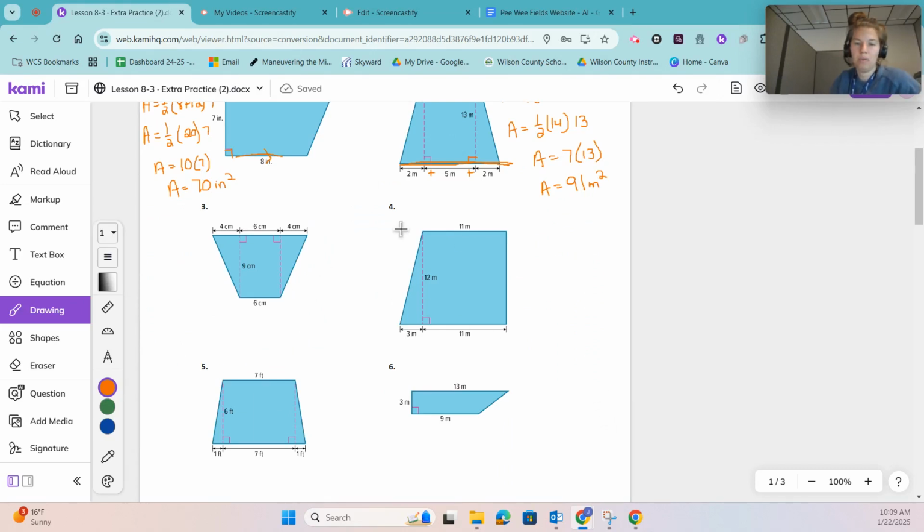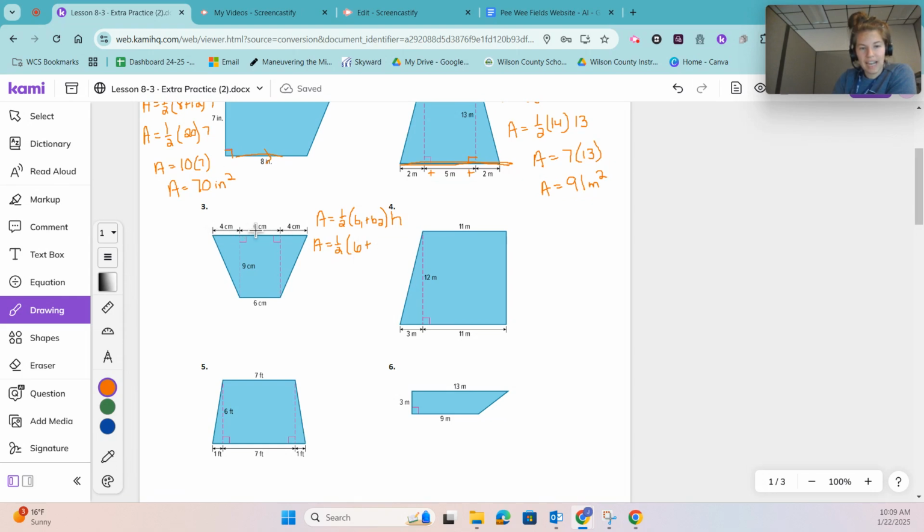Let's do a couple more together because I know this is a little bit more of a difficult thing. So area equals 1/2 base 1 plus base 2. Again, we're just substituting in for what these variables represent, okay? So area equals 1/2 stays the same. Base 1 is 6.